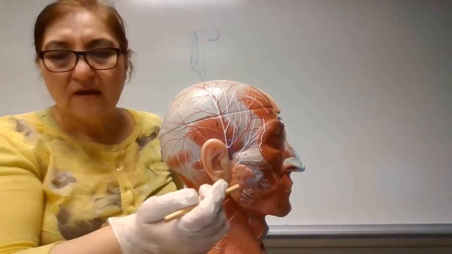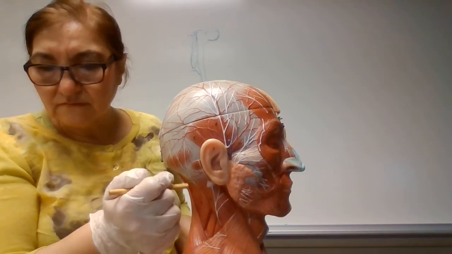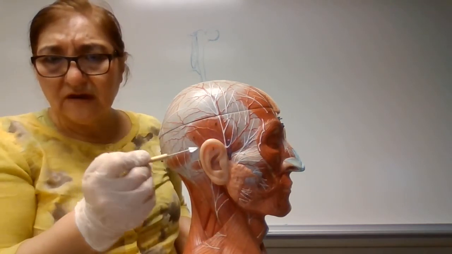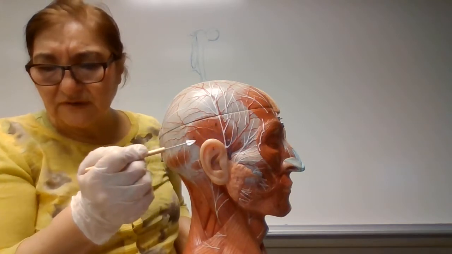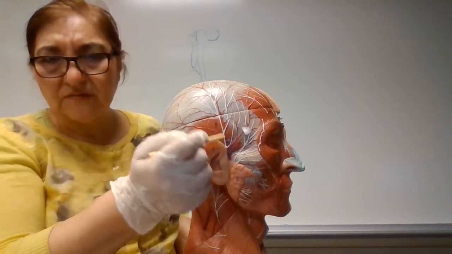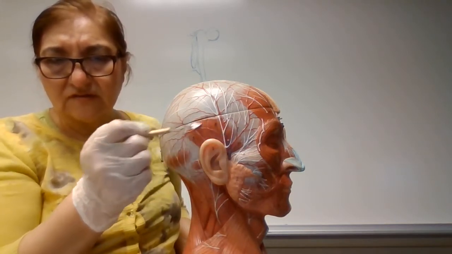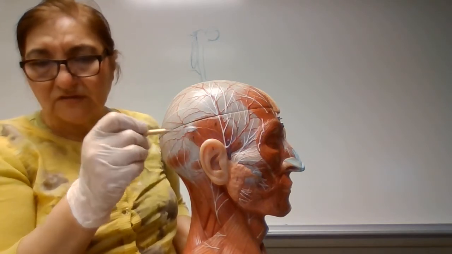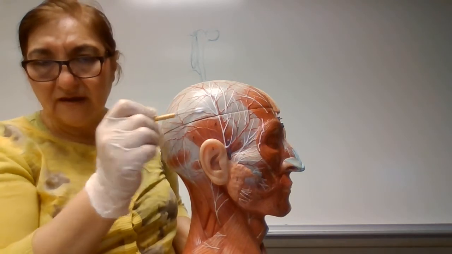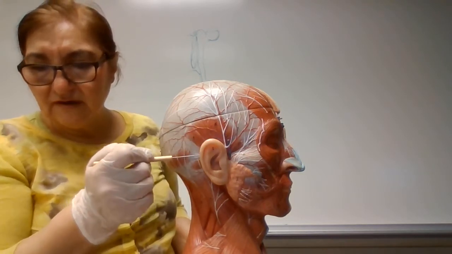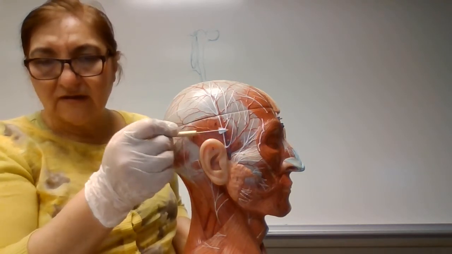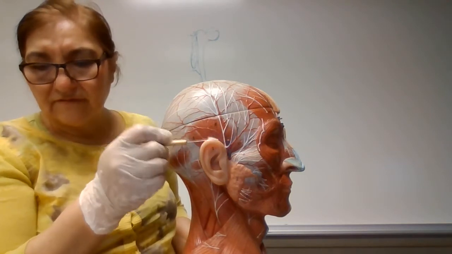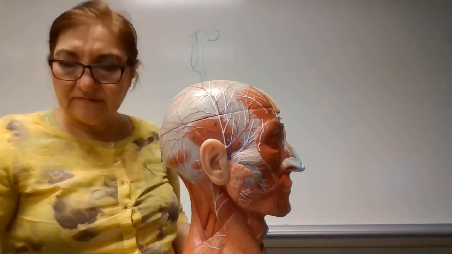And the nerve is going to be facial. Superior auricularis, or auricularis superior: the origin is the squamous temporal bone, and the insertion is the superior part of the ear. The action is to draw the ear upward, and the nerve is facial.